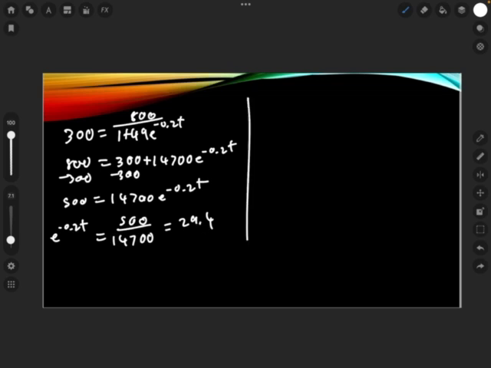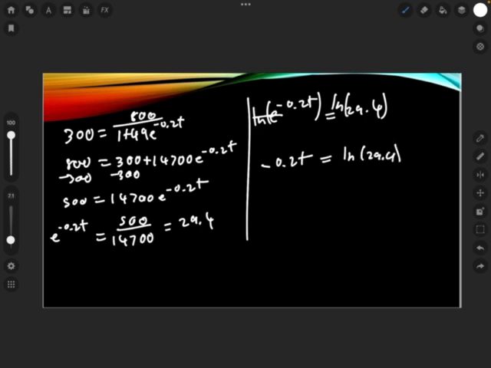So here, e to the 0.2t equals 29.4. And then we're going to take the natural log of both sides. Since it's just crossed out, 0.2t equals natural log of 29.4. And then again, we divide everything by negative 0.2.